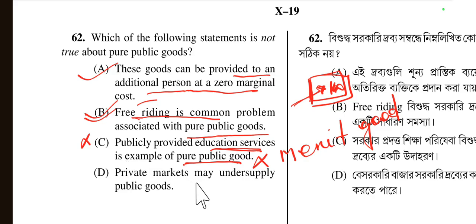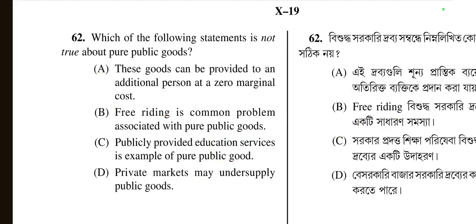Then private markets may undersupply public goods. Yes, private markets undersupply public good because private markets are for profit motive. They do not provide the public good. If they provide, then they undersupply to raise the price. So option D is also correct. So options A, B and D are all correct, but option C is not. So here the not true one is option number C.